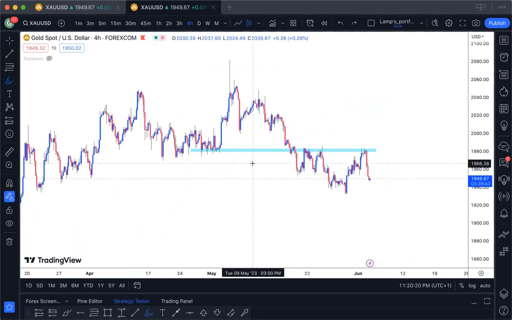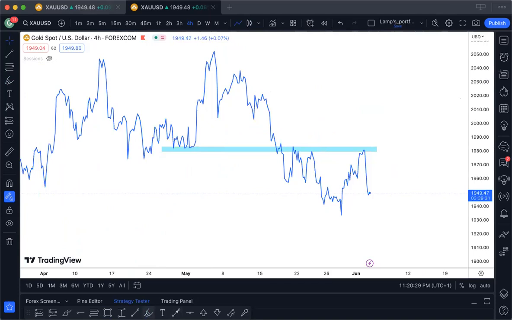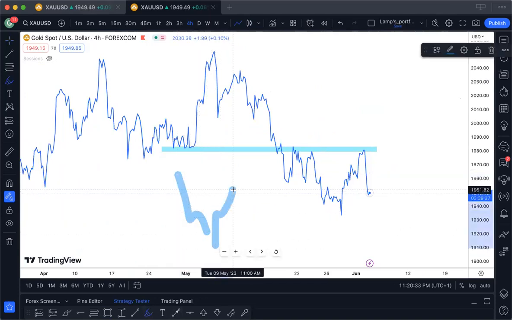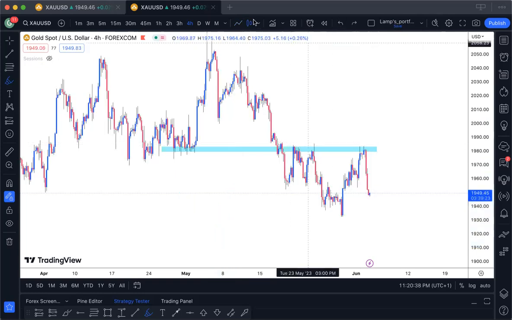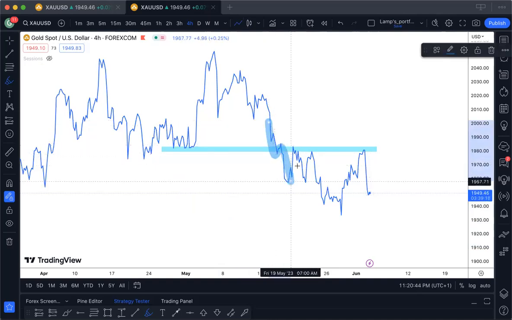Now the same principle around that, we have supply and demand. Like I said, we have the drop base drop, the rally base rally. So when we look at markets like this, we have this drop, base, drop here, over here.